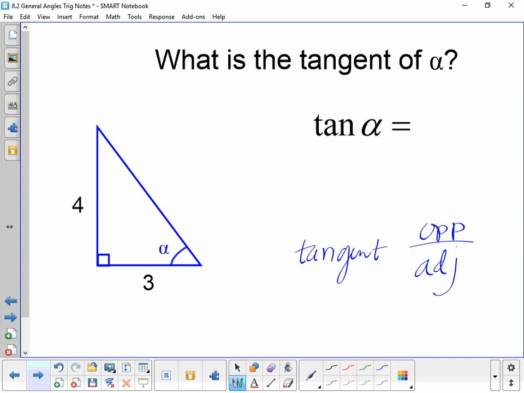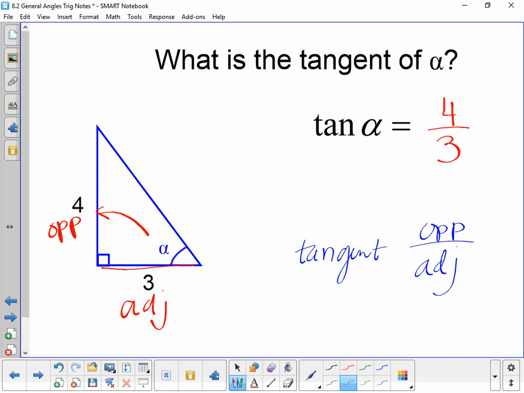The side opposite alpha is length 4, and this side here is the adjacent side. So the tangent of alpha would be 4 over 3, 4/3. All right, so a little review from last time.